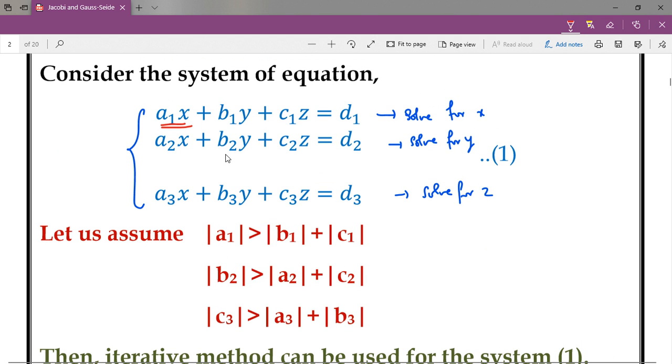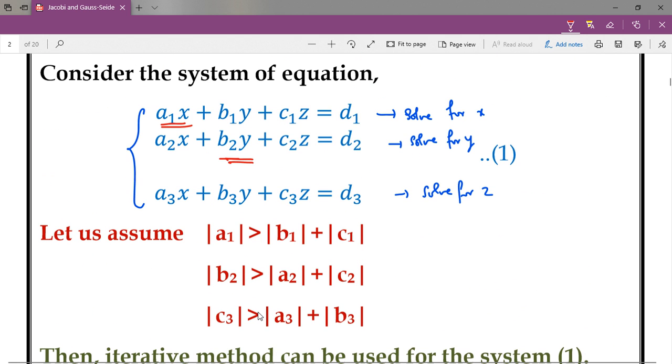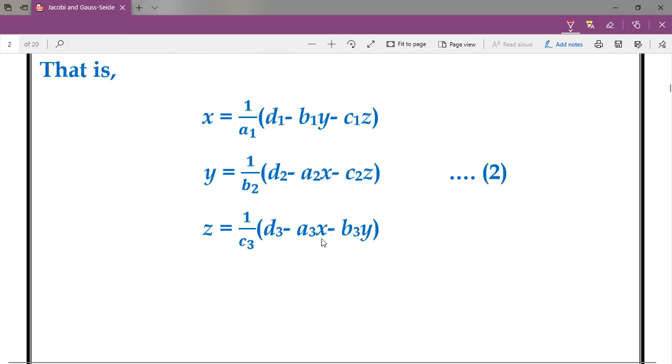Similarly, now we solve the second equation for y. Taking all other terms to the right hand side, y equals 1 by b2 into d2 minus a2x minus c2z. Similarly, solving the third equation for z, we get z equals 1 by c3 into d3 minus a3x minus b3y.